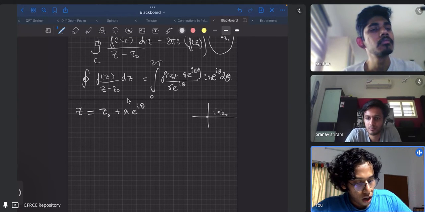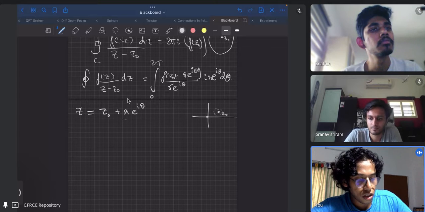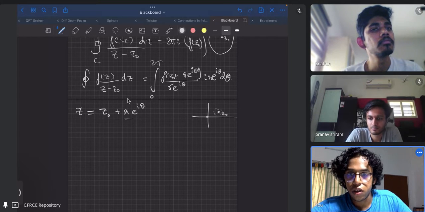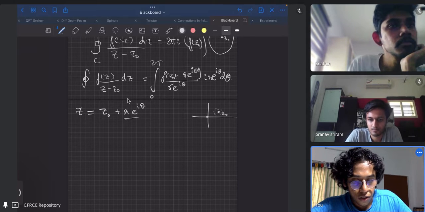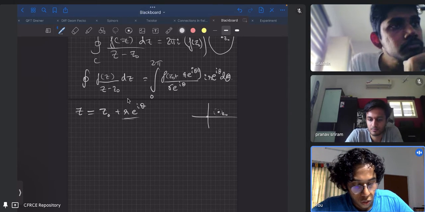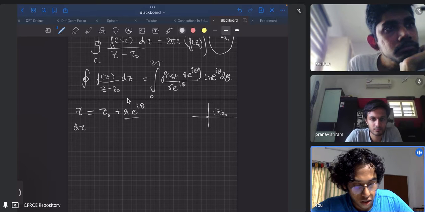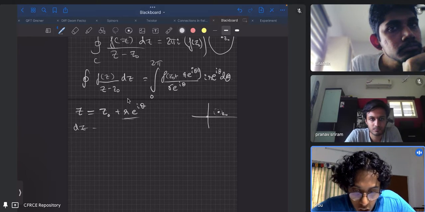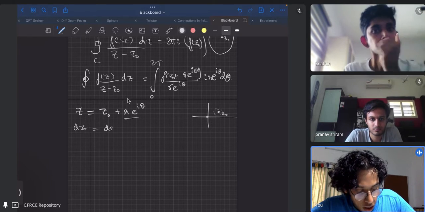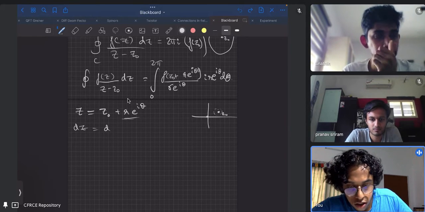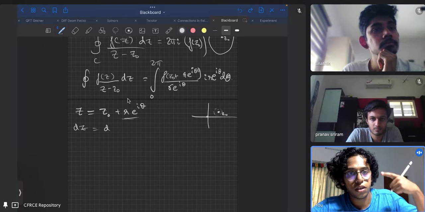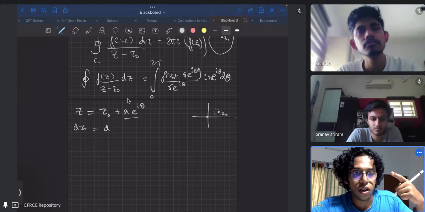So r e to the power of i theta is a circle around the point z naught. Then when you differentiate this, dr is 0 because you're setting r to be constant.